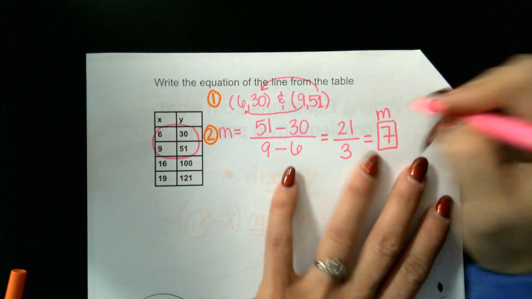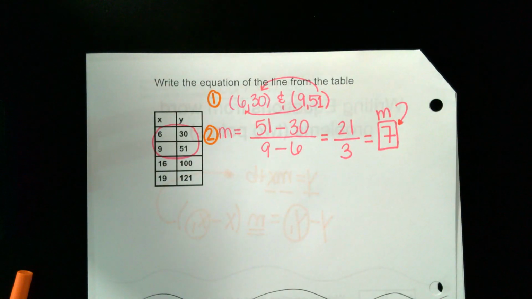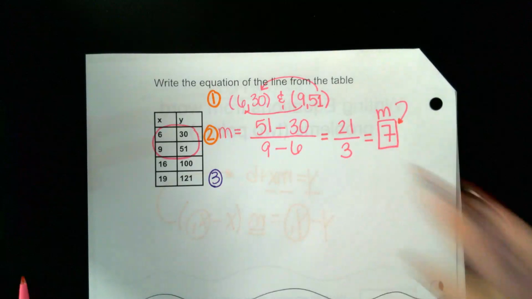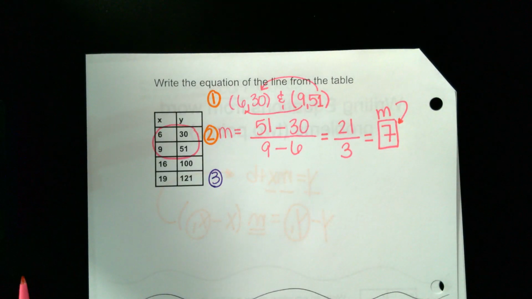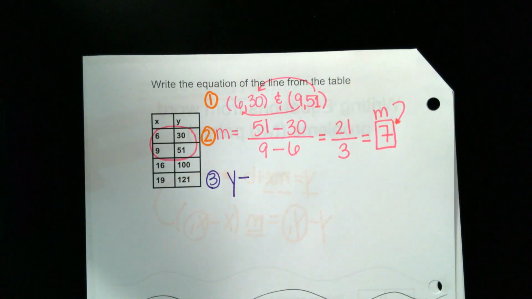So our slope that we are going to use in our plug and chug step, which is coming up, that's step 3. We will have to use the 7 for our m. Okay, point slope form. y minus, now we have to pick one ordered pair.